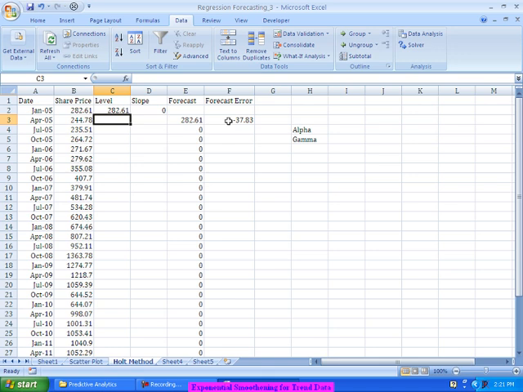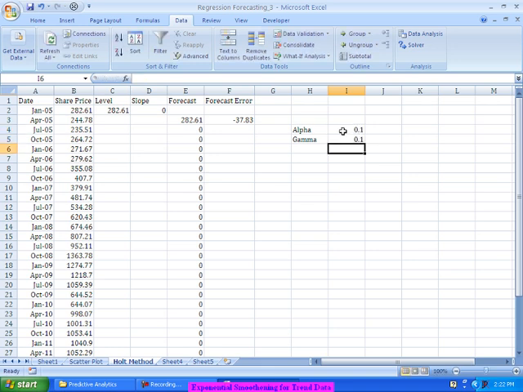Now, because there is a difference of 37.83, my next value for the level should take care of even this difference. So what is the new difference that I have to come out with? The new forecast for me is the previous value plus alpha times the error. Let me take alpha as 0.1.